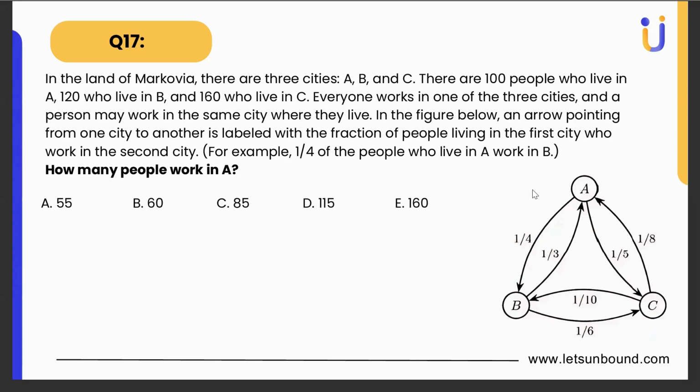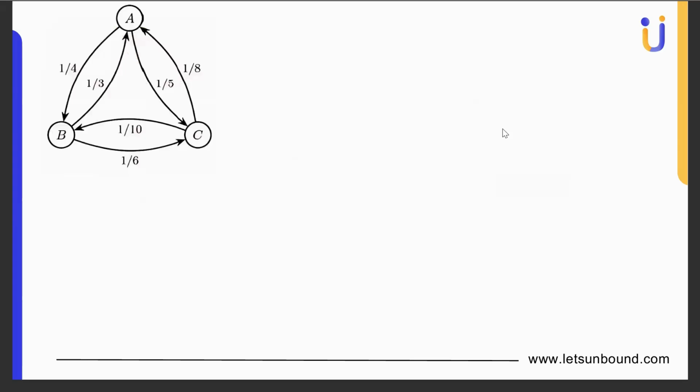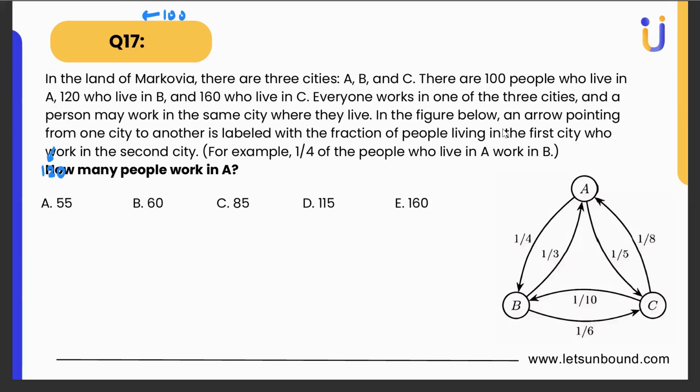The question asked to us is how many people work in A. So my center of attention is A. And if I look at the diagram carefully, I can see A has 100 people, B has 120 people, and city C has 160. So we can note down that information.